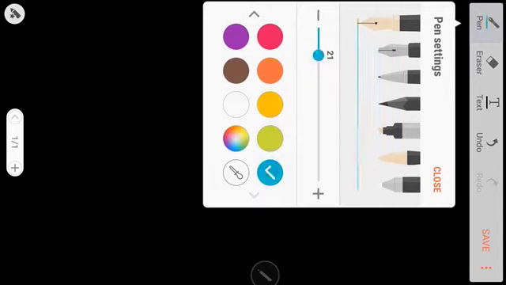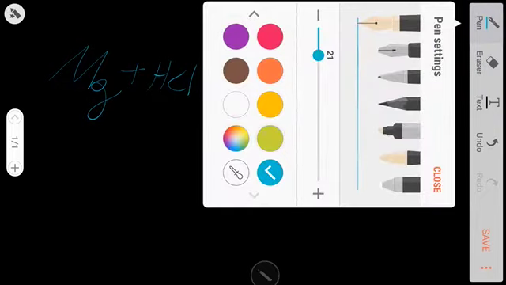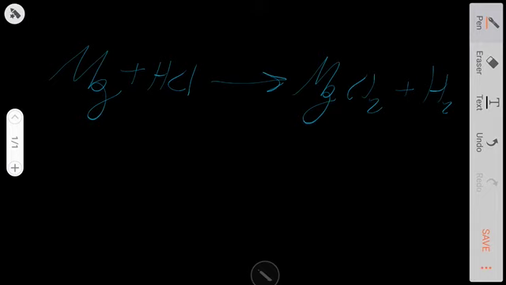So our reaction in the beginning was Mg plus HCl gives me MgCl2 plus H2. So let's balance it.